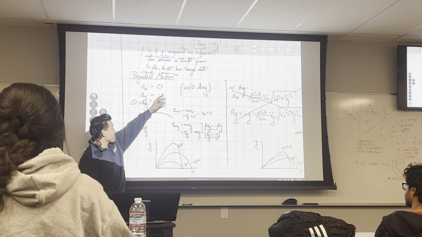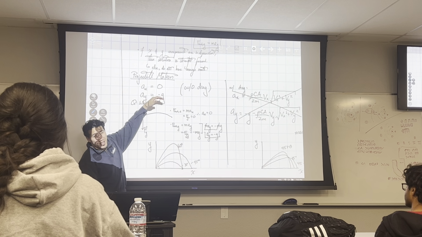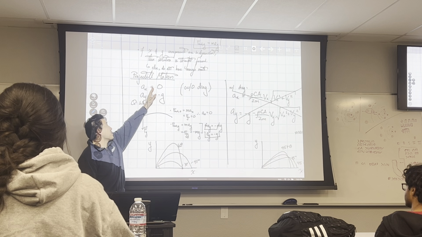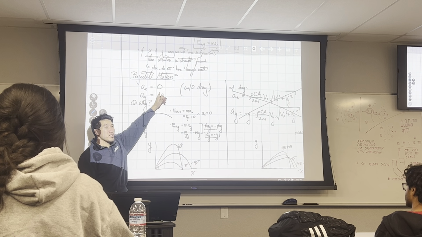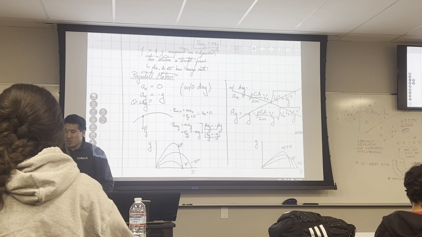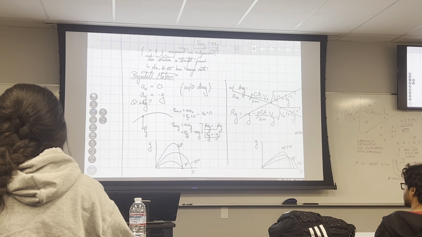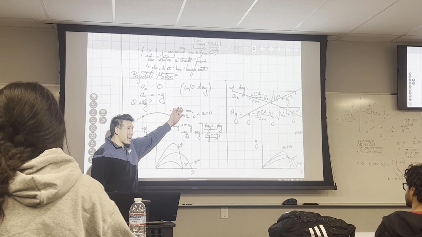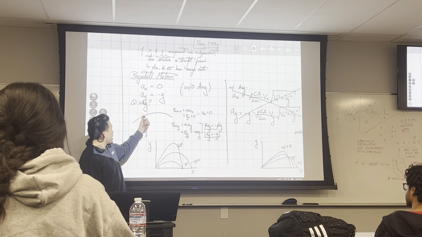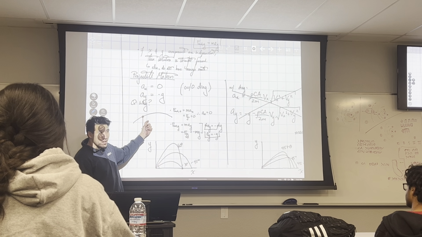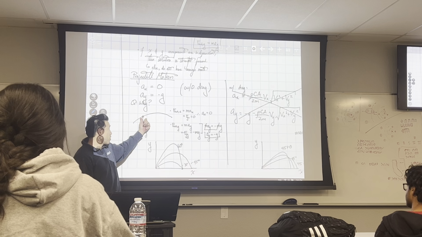Projectile motion, in kinematics, you're simply told that the acceleration in the x direction is 0, and in the y it was negative g. But with dynamics now, you can see why that's actually the case. In projectile motion, you only have the force of gravity, which only acts in the y direction.